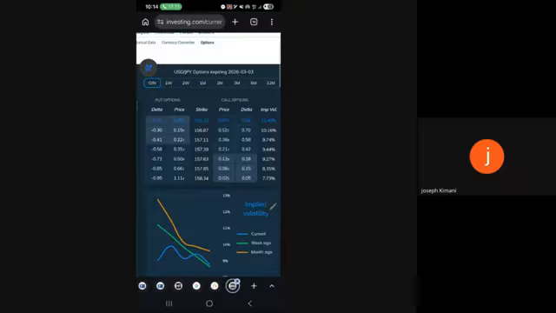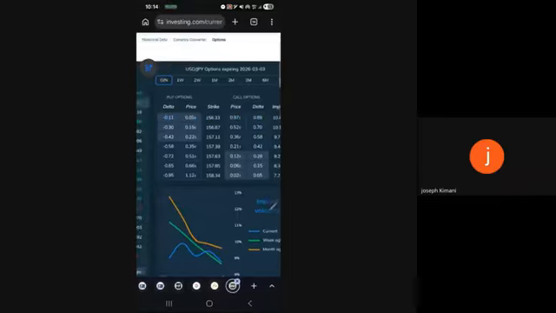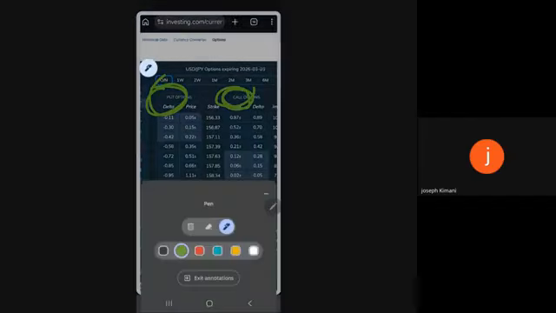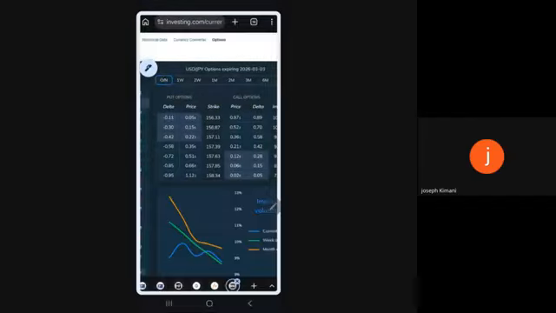Hakuna anything more than that. So don't overthink. So call option, upside speculation. Put option, downside speculation. So sasa ushajua nini? Call option ni nini? Ushajua put option ni nini? Ushajua strike ni nini? Na ushajua spot ni nini?